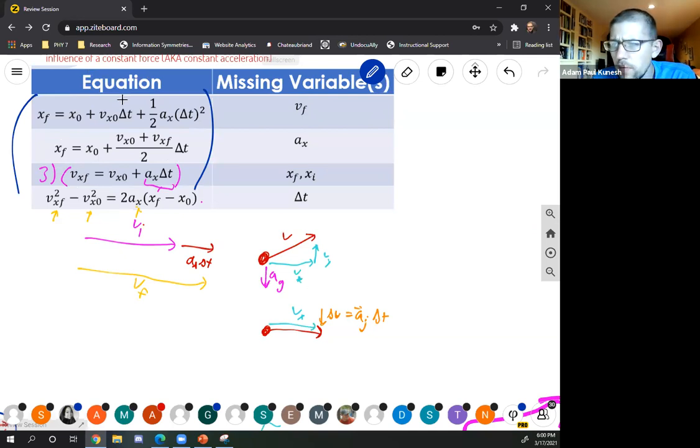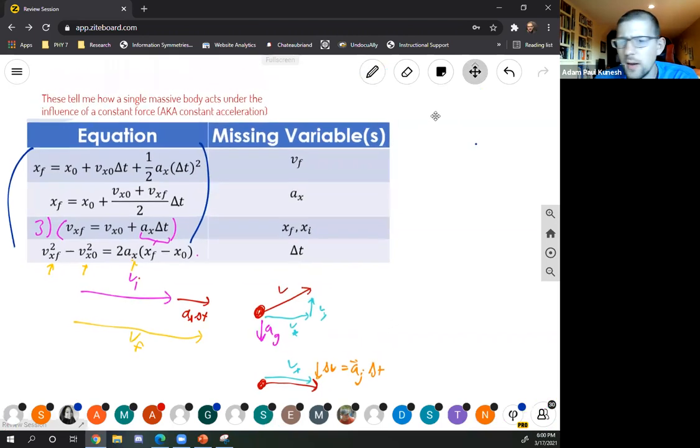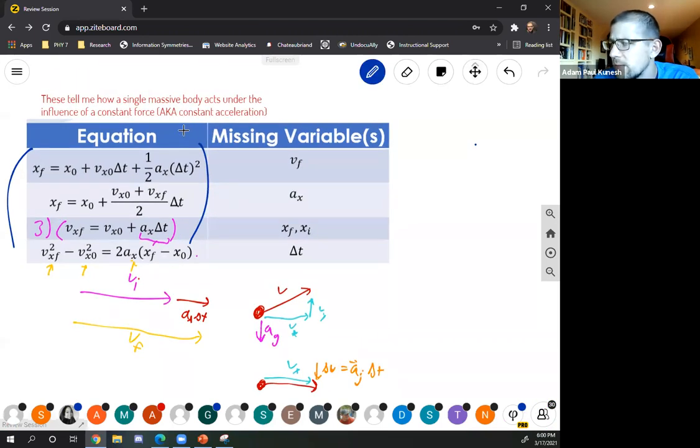You can do the reverse, but it's usually a little bit hairy. So usually kinematics are good for getting you from acceleration, say, to velocity and position. However, it is technically possible to go the other way as well. But like I said, it's kind of hairy. If you try to get delta t out of that equation, it's just more annoying.